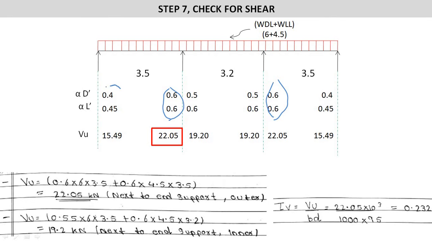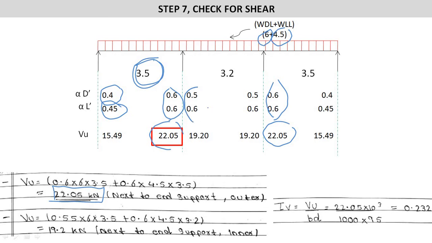So 0.4 into 6 into 3.5, plus 0.45 into 4.5 into 3.5. So the value at that point will be 22.05 kilonewton, so we will have 22.05 over here and 22.05 over here.